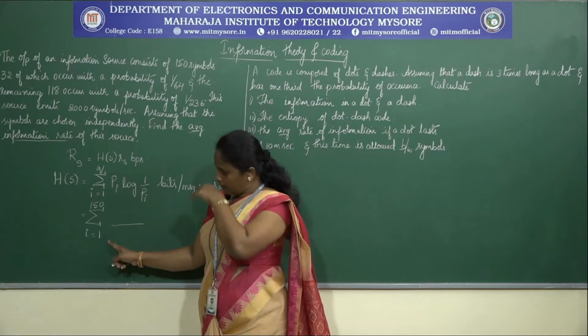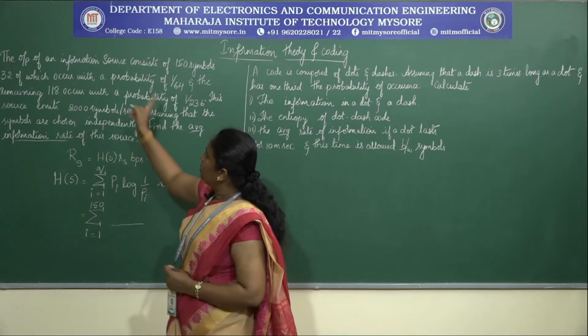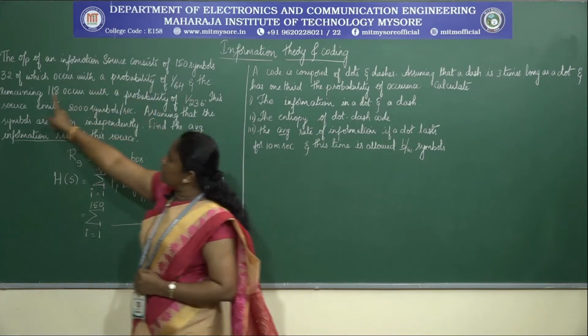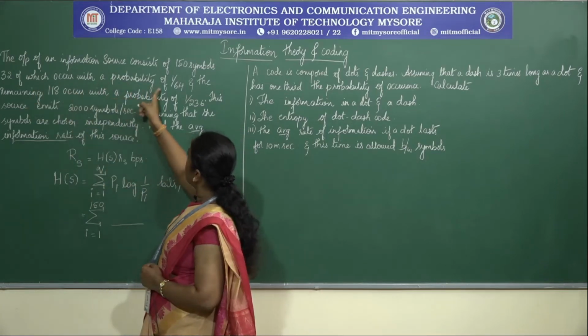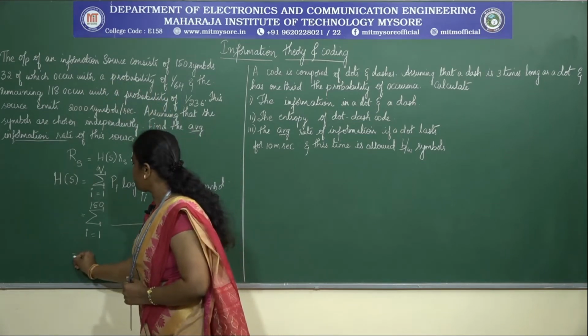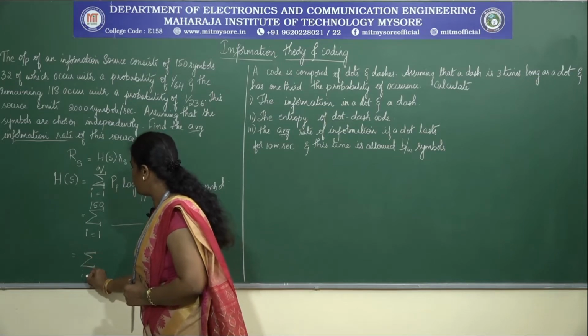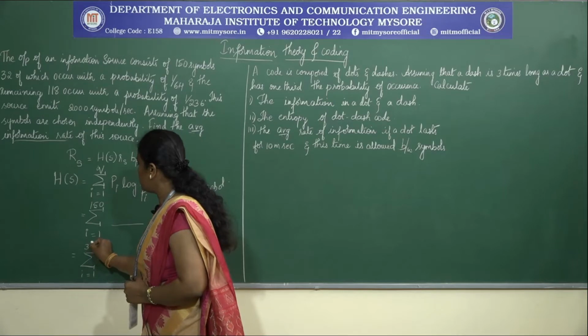Among the 150 symbols, they have given that 32 of which occur with a probability of 1 by 64. That means the summation varies from i equal to 1 to 32.